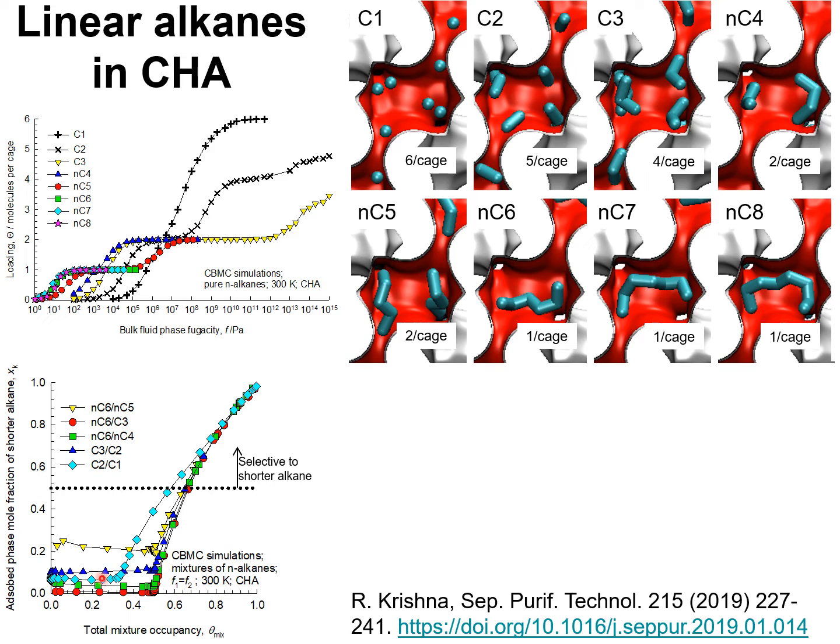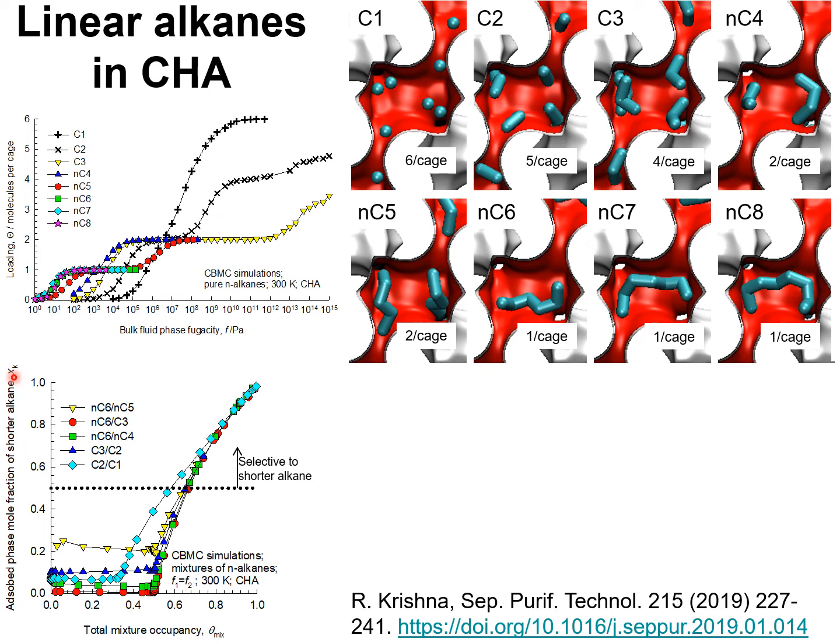To demonstrate this, we carried out configurational bias Monte Carlo simulations for various mixtures: methane, ethane; ethane, propane; normal butane, normal hexane; propane, hexane; pentane, hexane.